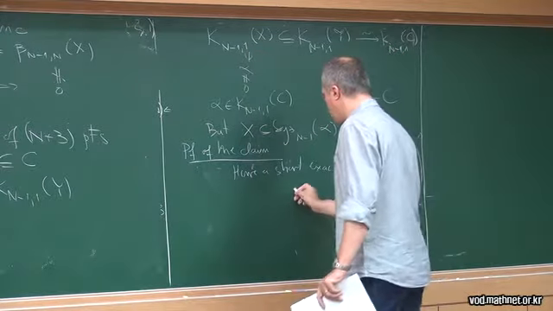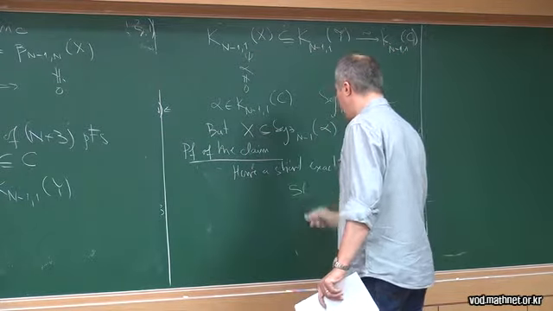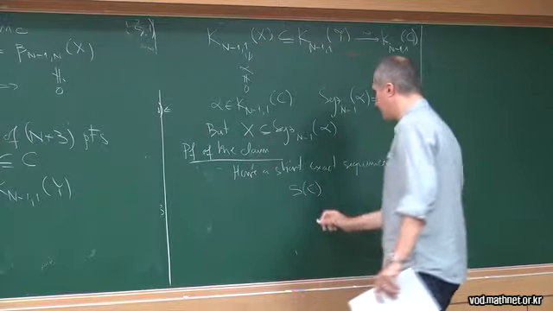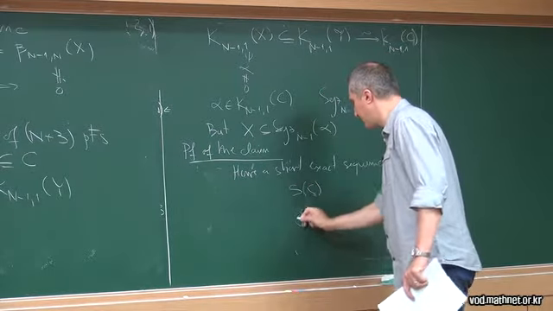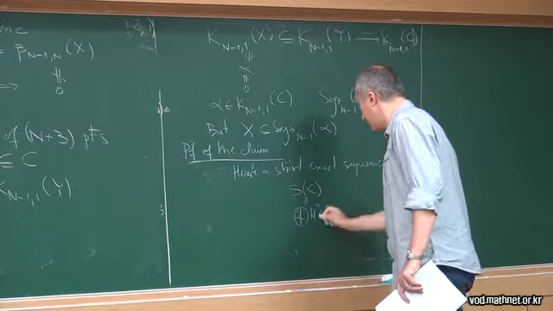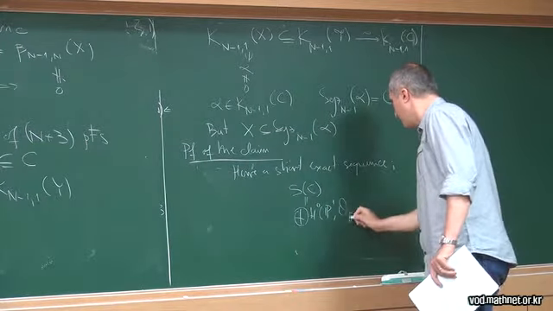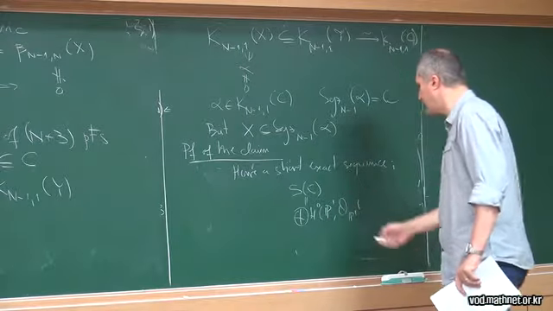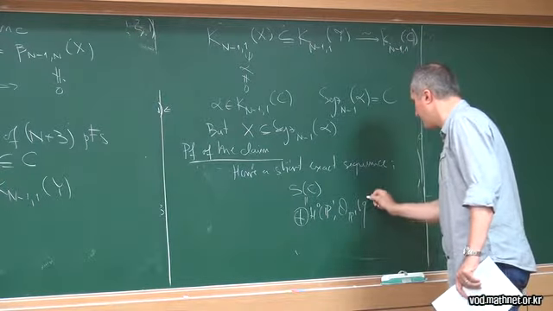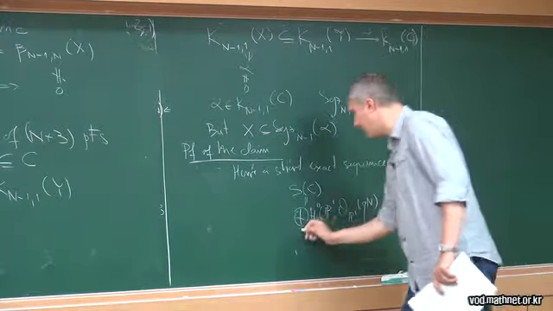So here we have the homogeneous coordinate ring of C, which is the direct sum of H^0(P^1, O_{P^1}(qn)). P^1 is embedded by O(n), so we take the multiples of n over q.